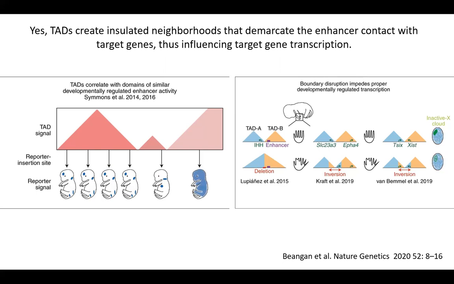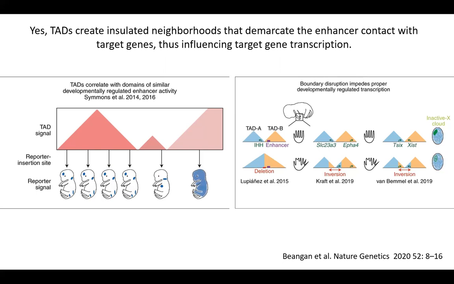And they found that indeed that will change the expression, so that now a previously inaccessible enhancer can activate a gene that was not activated before, and that can lead to developmental abnormalities.